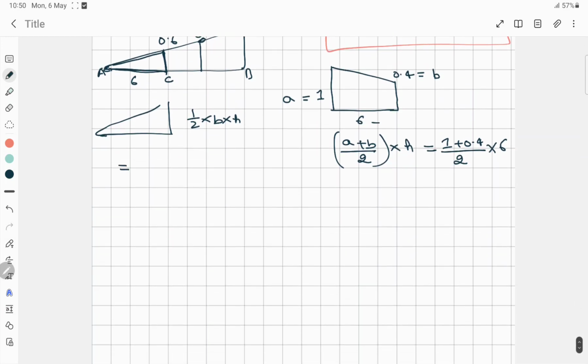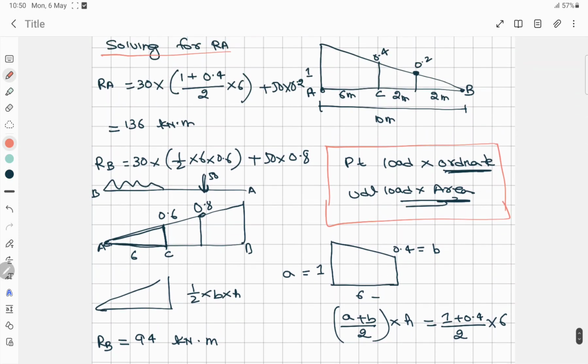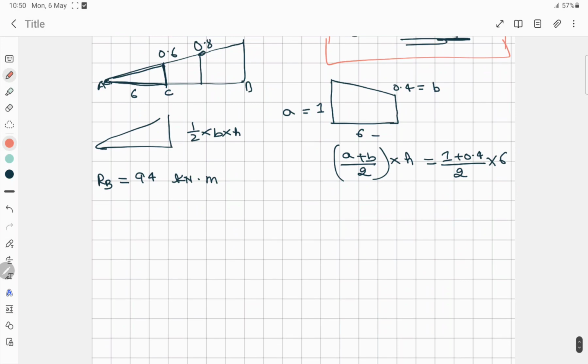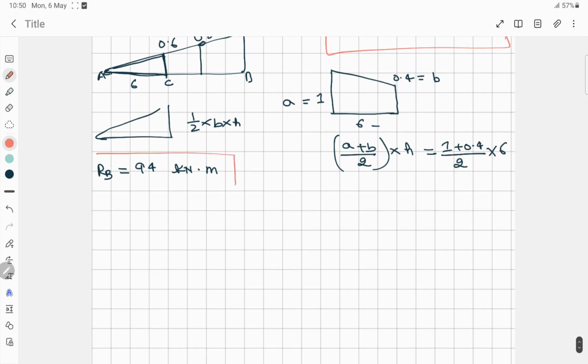So we will get the value around 94 kilonewton meter. This is the value for RB. Now we have a value for RA, that is 136 kilonewton meter, as well as we have a value for RB, that is 94 kilonewton meter.